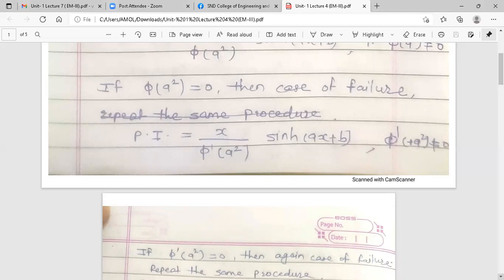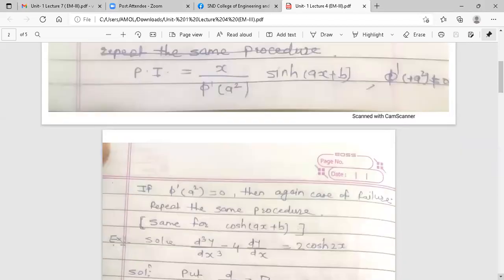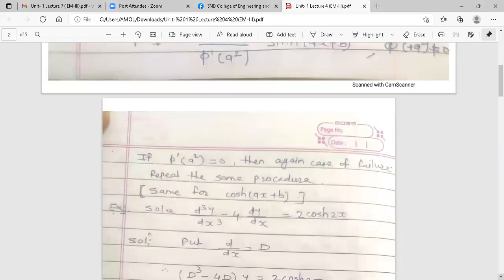And so the PI in that case is x upon phi dash of a square into sinh(ax+b). Again the condition is that phi dash of a square must be non-zero. If your phi dash of a square is 0, then it is again the case of failure, and you repeat the same procedure to find the PI.